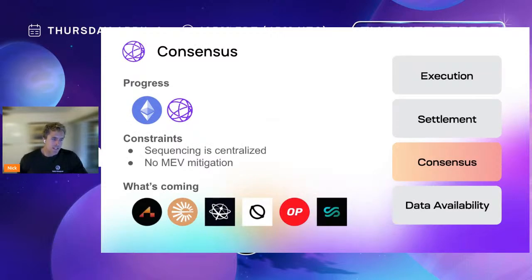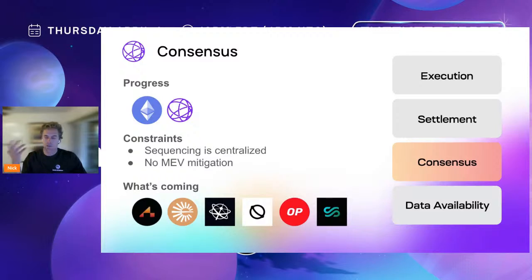So where are we with consensus? You can use Ethereum and Celestia as your consensus layer as well as DA layers. But most rollups have a centralized sequencer running on top of that, and the reality is that's just not that great, because that sequencer can censor you, or it could go down and the whole rollup can halt, or also there's no MEV mitigation in most of these rollups and sequencing schemes.